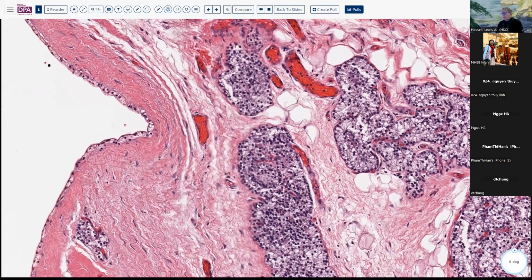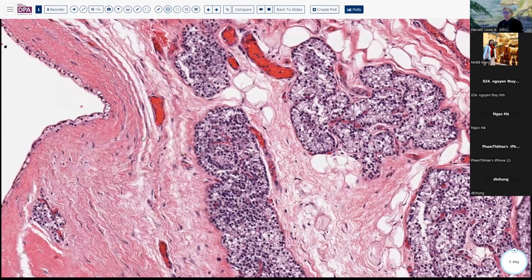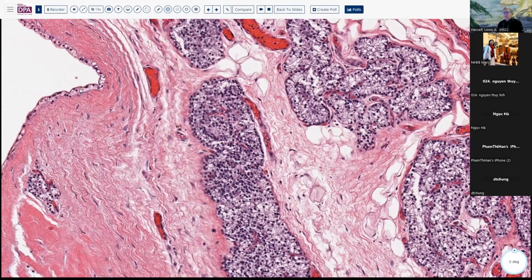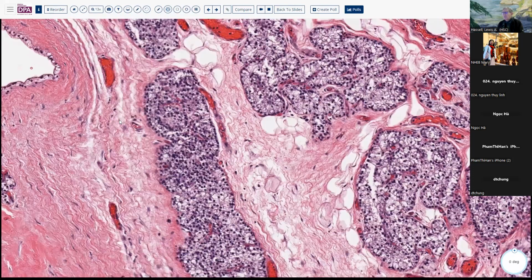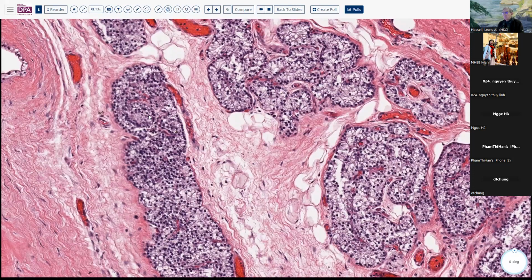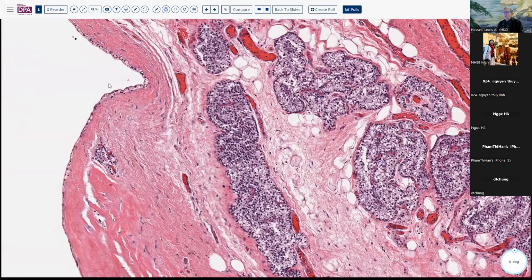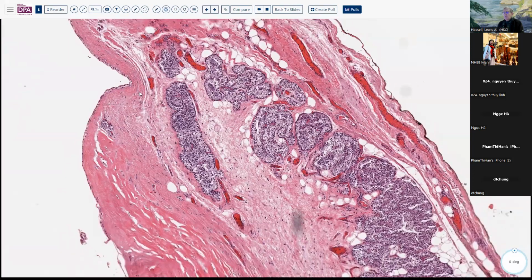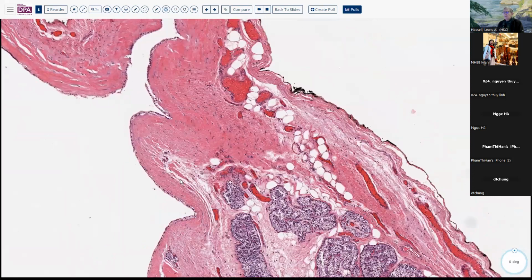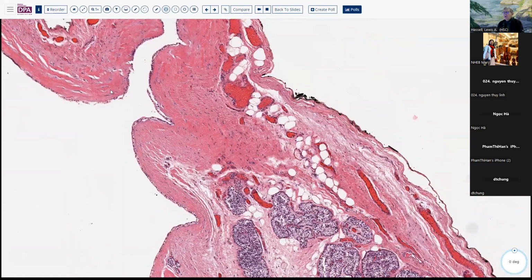But on a needle aspiration, you might have difficulty distinguishing between a thyroid follicular epithelium versus a parathyroid follicular type epithelium. They can look very similar. The one thing that could be diagnostic, however, is doing a chemistry on this fluid.